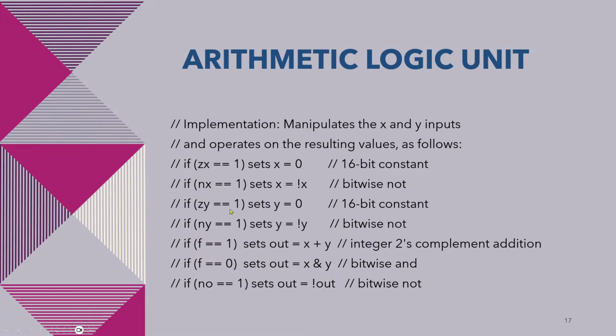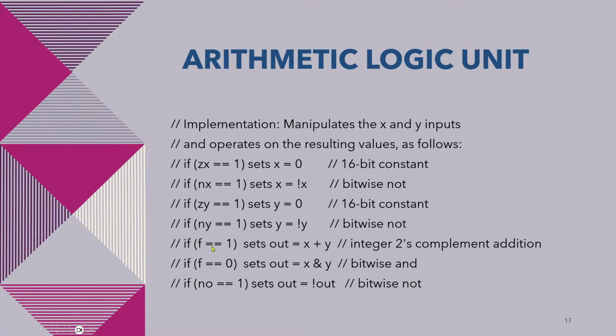If zy is equal to 1, then it sets y to 0. If ny is equal to 1, it sets y to not y. So the same thing happens here with y that happens with x, based upon these flags that come into the ALU.